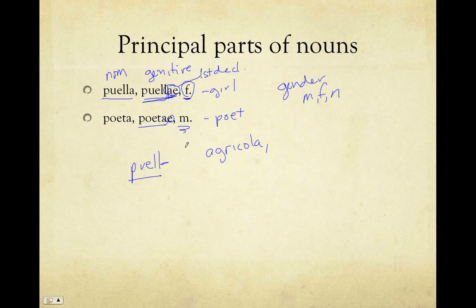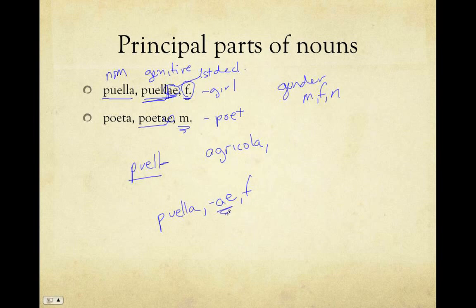So you do well to memorize all of these principal parts: the nominative, the genitive, and the gender. Okay? So one last little note about principal parts, with first declension especially. You'll notice there's a fairly standard pattern how these end. So for shorthand, you'll oftentimes see the second principal part, puellae, just written as AE.